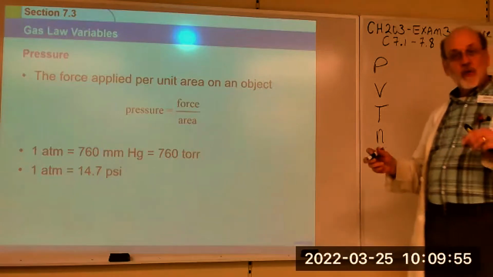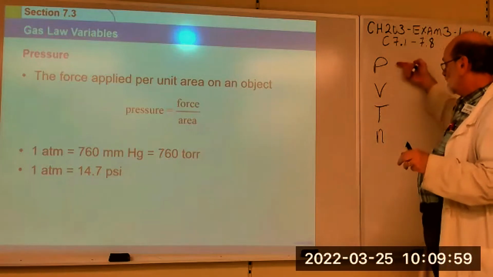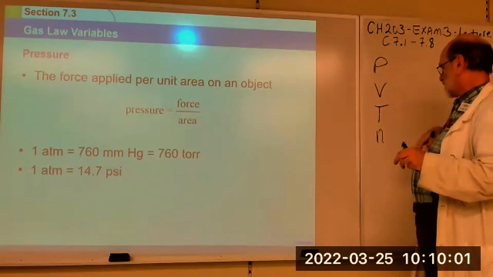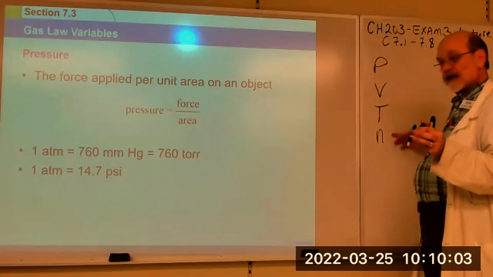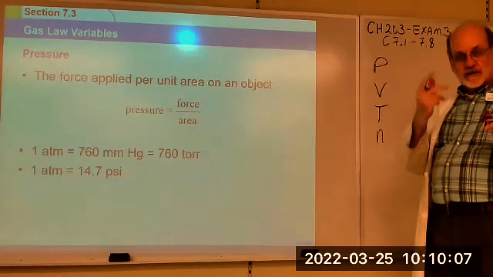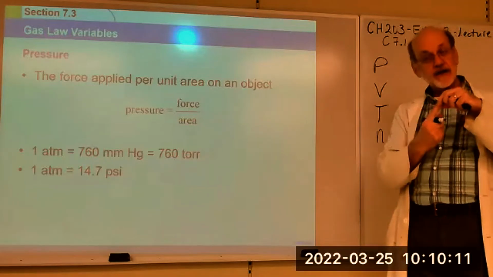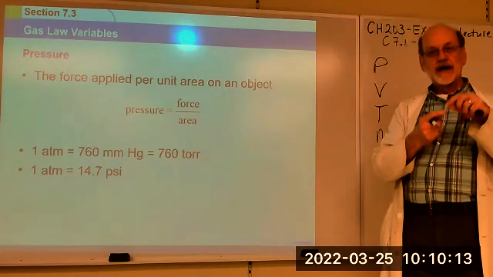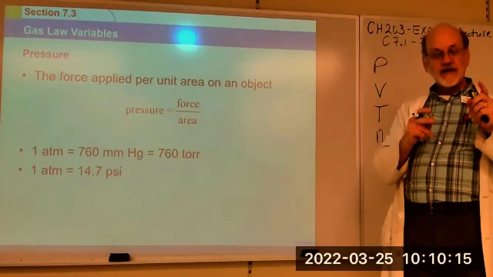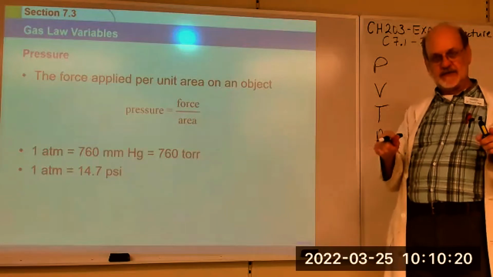Okay. If we want to look at the relationship between any 2 of these, pressure, volume, temperature, moles, or any combination, if we relate 2 of them and if one varies, how does it affect the other? If that's our goal, then the other 2 that we're not investigating must be constant.